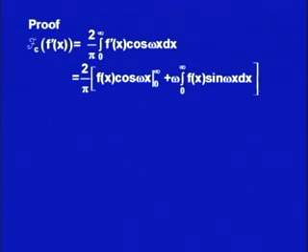Now, first the evaluation: since f(x) approaches 0 as x approaches infinity, at infinity it would be 0. When x is 0, f(x) is f(0) and cos omega x at x equal to 0 is 1.